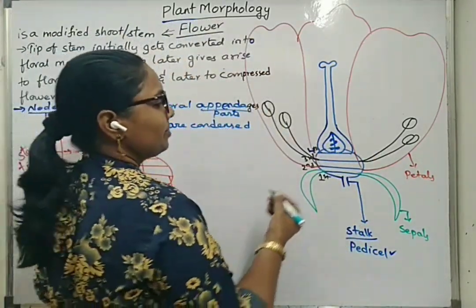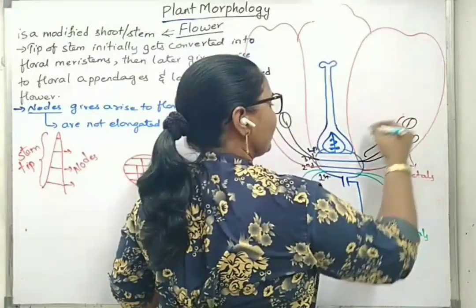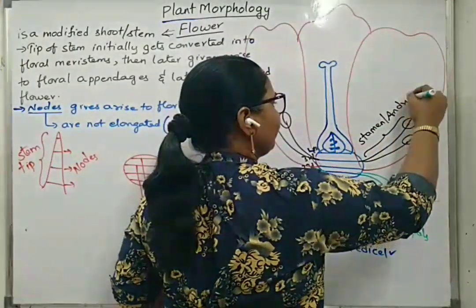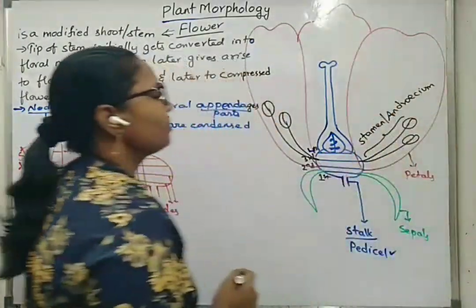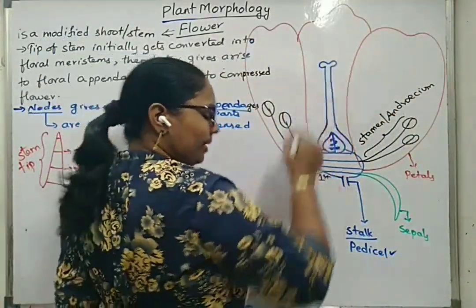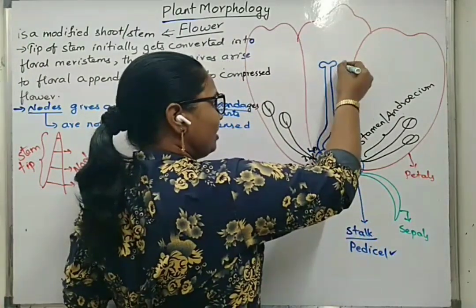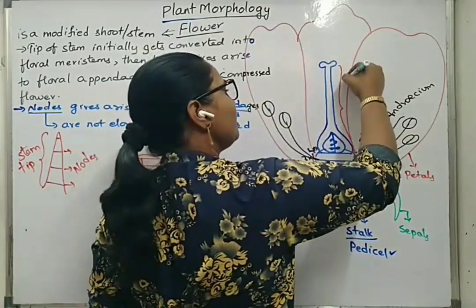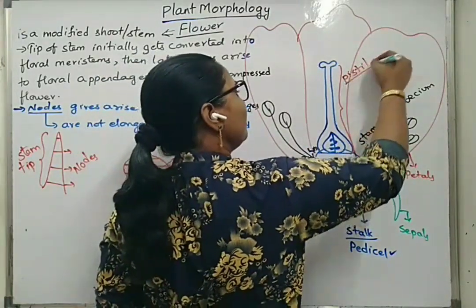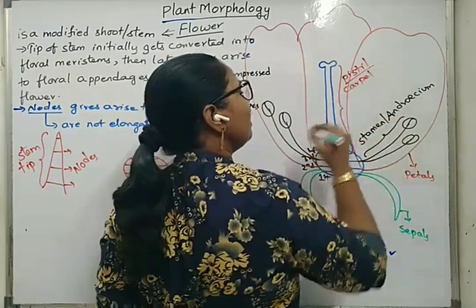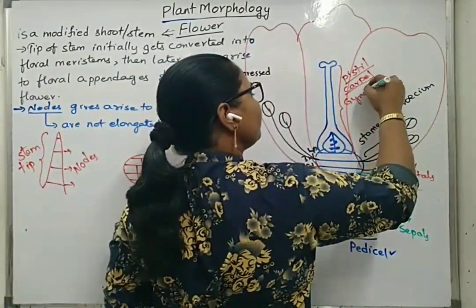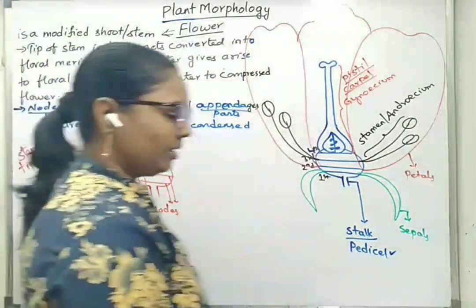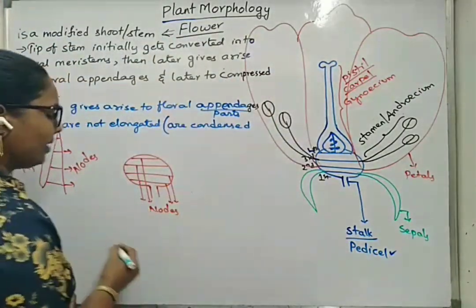Now this complete structure is called stamen or androecium. This complete female structure, from the stigma up to the ovary, is called pistil, carpel or gynoecium.